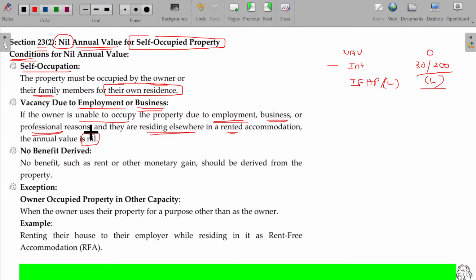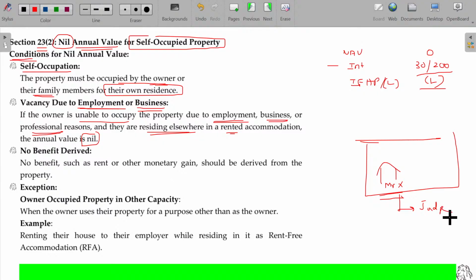A very famous case happened some years ago in this regard. Assume in Chennai there is a house property of Mr. X, who is a High Court judge. He was given quarters by the government nearby, and he resides there.